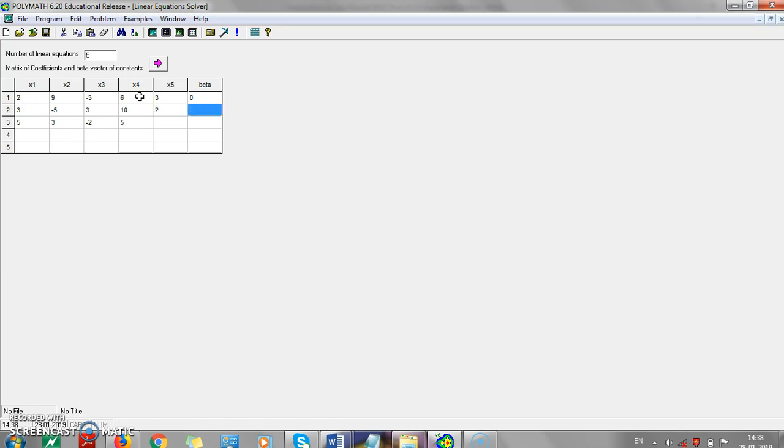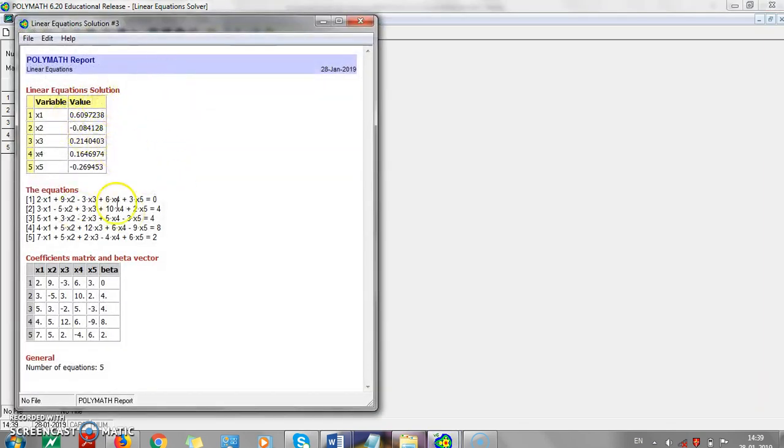Say this is 2, 5, 4, minus 3, 4, 4, 5, 12, 6, minus 9, 8, and let's say 7, 5, 2, minus 4, 6, 2, and we press enter, and these are the answers. So whatever you enter, you get the answer very easily. Any set of linear equations you can solve using Polymath.